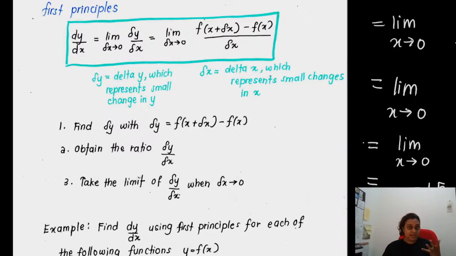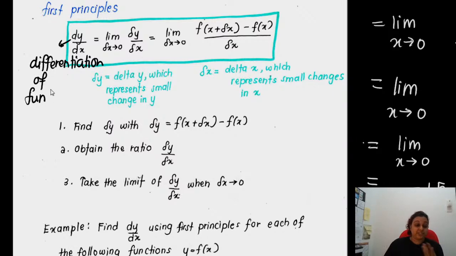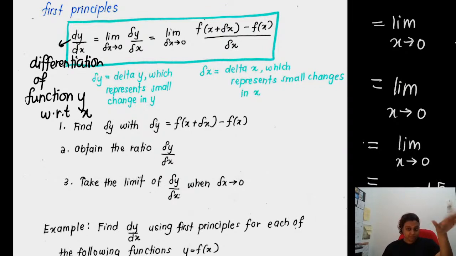What is dy dx? dy dx is the differentiation of function. You are differentiating function y with respect to x. That's why at the bottom got dx, and at the top is dy, because you're differentiating the y with respect to x.